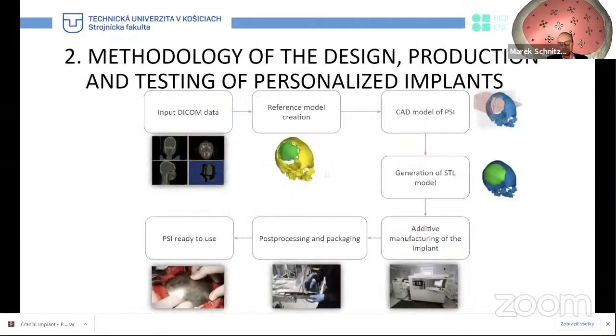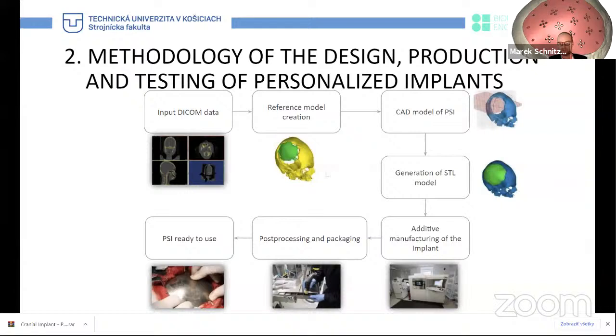So this is the methodology of the production of patient-specific implants. We are gathering DICOM data, then we are producing a reference model, which is consulted with the surgeon. Then we are producing the CAD model of the person-specific implant.